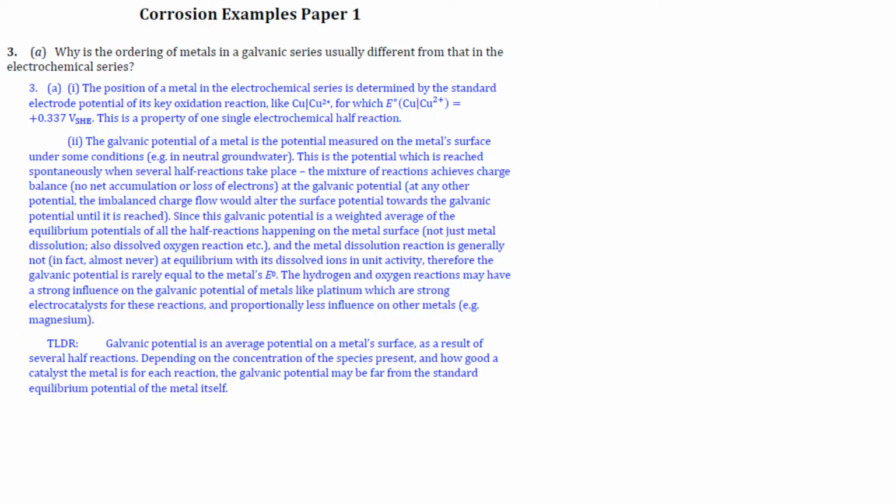At any other potential, there would be an imbalanced charge flow, and that would accumulate or remove free electrons in such a way that it would alter the surface potential towards the galvanic potential until this was reached.